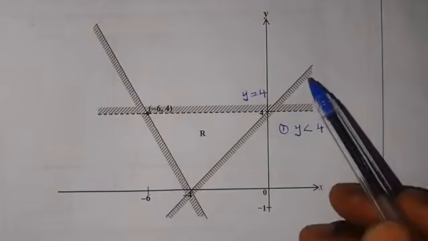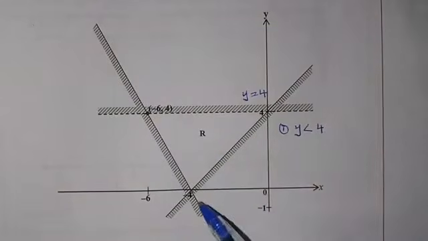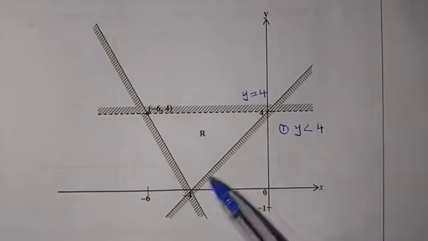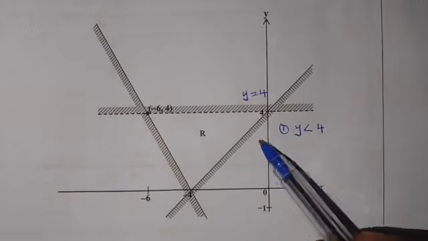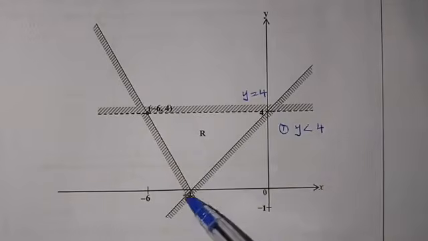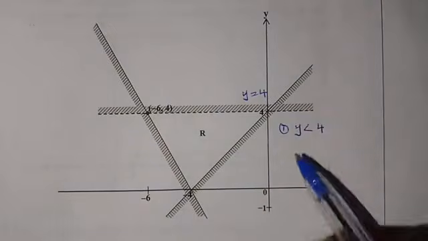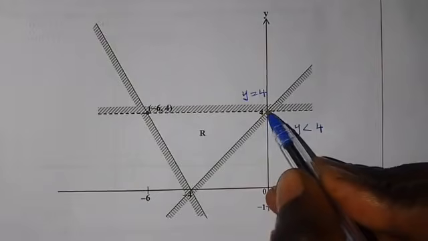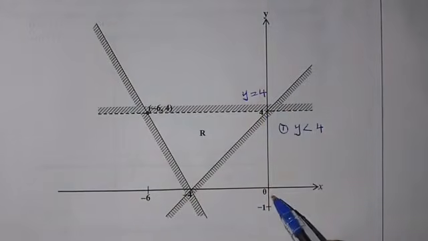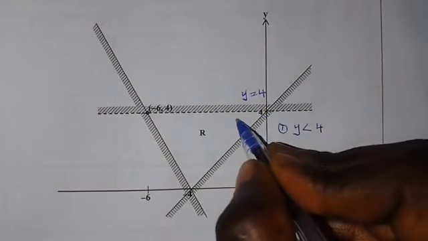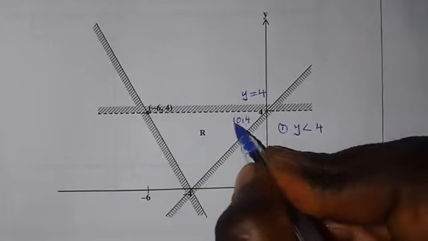Then for the second one, we can either go with this one or this one. Let's go with this one. If we want to go with this one, we are going to need coordinates, because this is a straight line which is cutting 2 axes, the y-axis and the x-axis. So we are going to come up with the coordinates. Remember, this is the line x is equal to 0, so the coordinate which is there will be (0, 4).